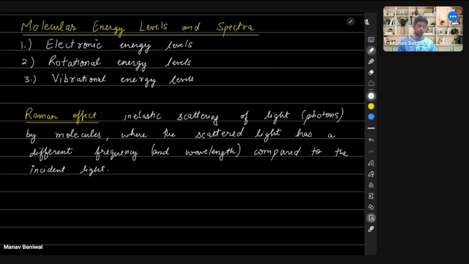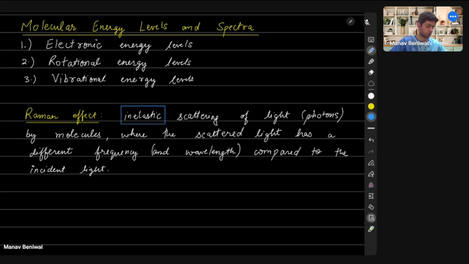So what is the Raman effect? Basically, when light interacts with matter, and matter is made of molecules, the molecules can scatter the light inelastically. So this word is important: inelastic scattering. Whenever we have inelastic scattering, we lose some energy or we gain some energy.